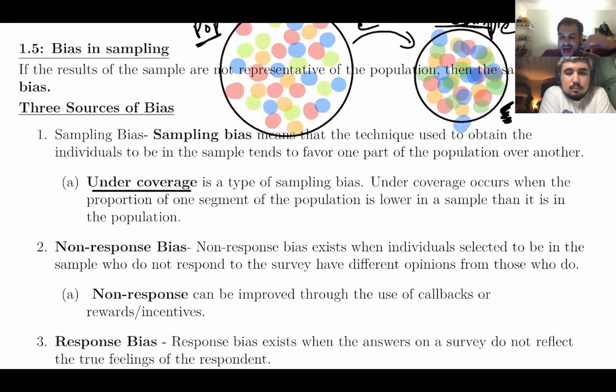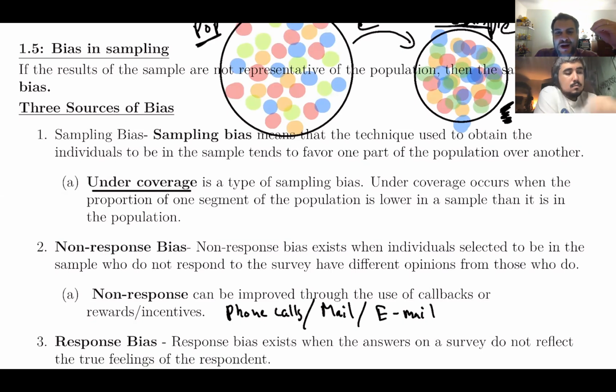Usually that happens when they do, say, phone calls, or they send it through the mail, or they might send you an email. So whenever we set out to get a certain sample, but that sample never actually responds to your survey.